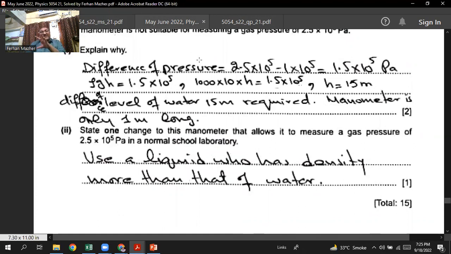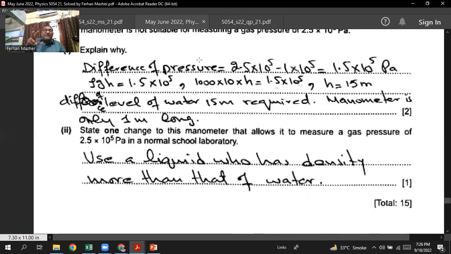If you represent this difference of the pressure in terms of the height of the water column, I will use rho g h equals 1.5 expo 5. 1000 multiplied by 10 multiplied by h equals 1.5 expo 5. So h will be 15 meter.